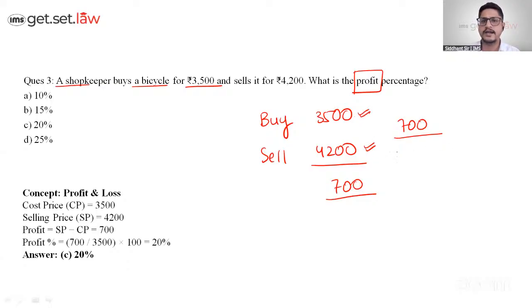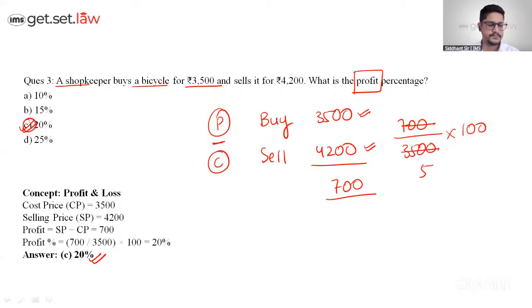So current minus previous divided by previous, that is 700 over 3,500 into 100. You can do mental maths over here. So it will be 5 and 20 is going to be the answer. So the correct answer over here is 20. Option C is the correct answer, right? It's very basic. This is a question which is majorly there in 6th or 7th standard. Now you people are able to do it properly. Okay. Come on. Can I get a yes from all the students?